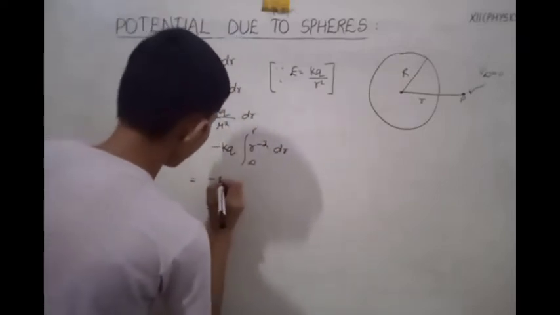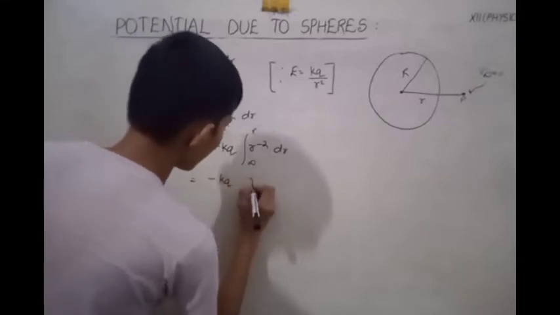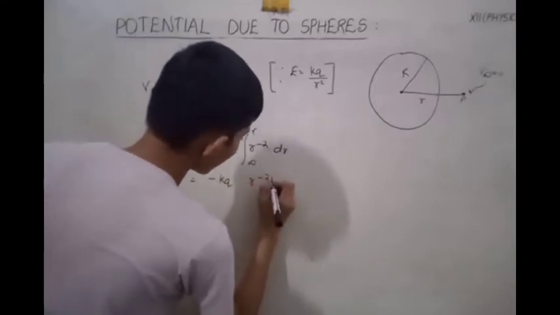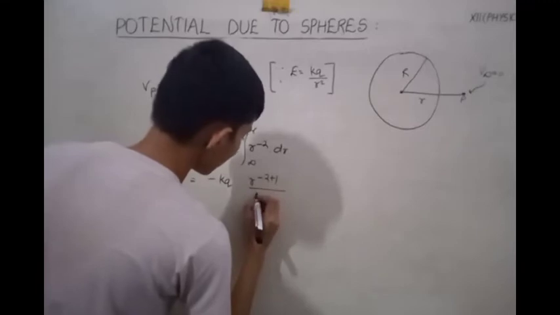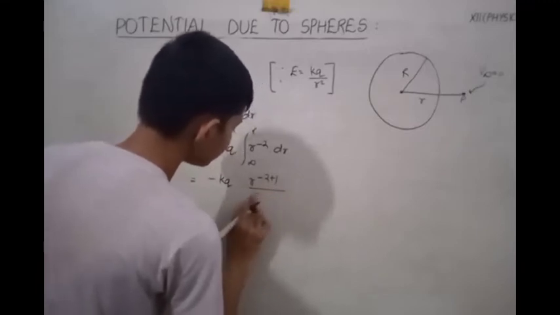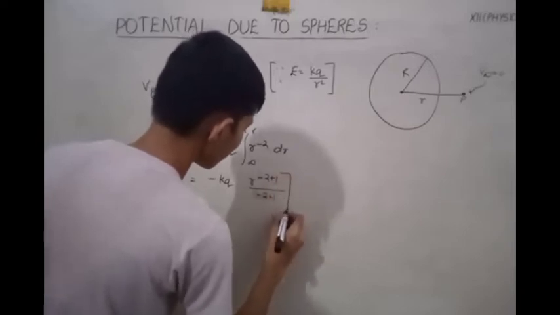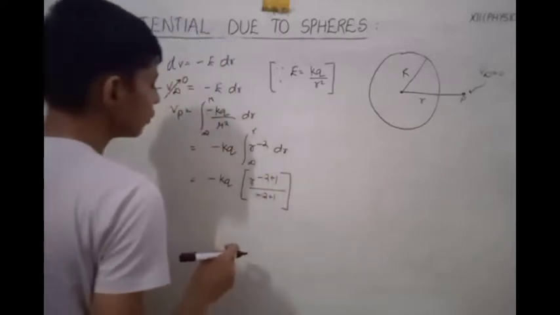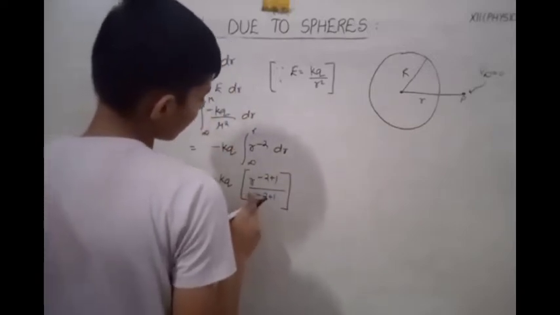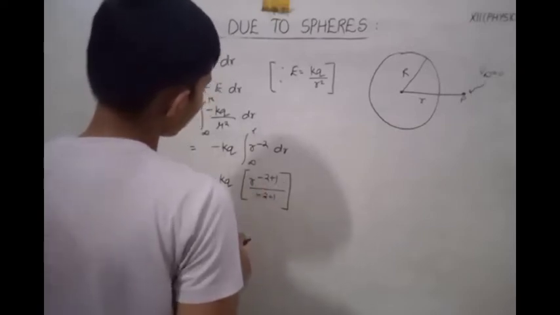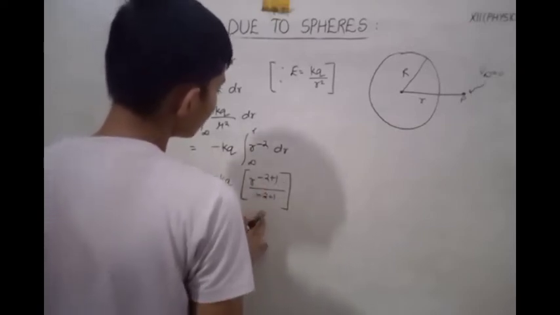This equals minus kq r raised to the power minus 2 plus 1 divided by minus 2 plus 1. The value which we put in the power for r, the same value will become the denominator.